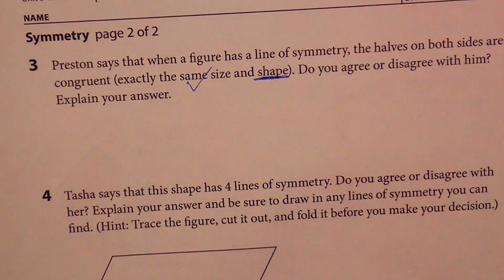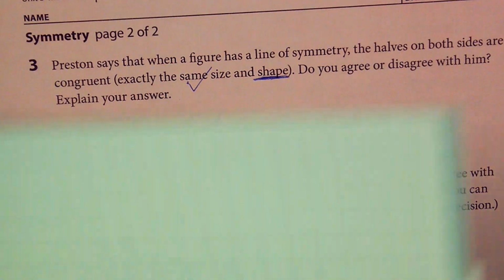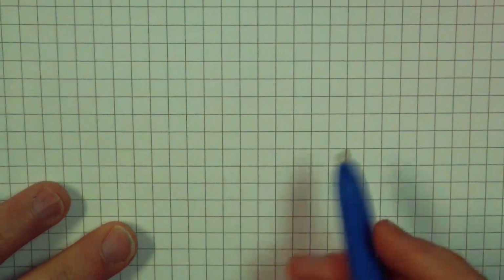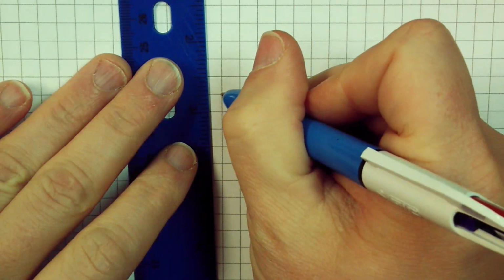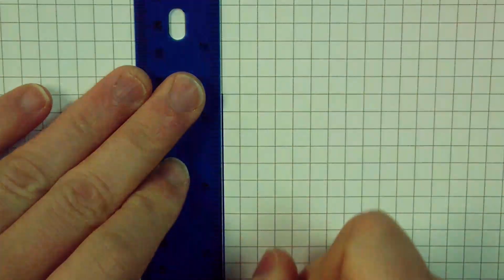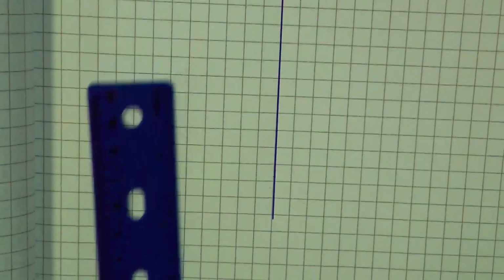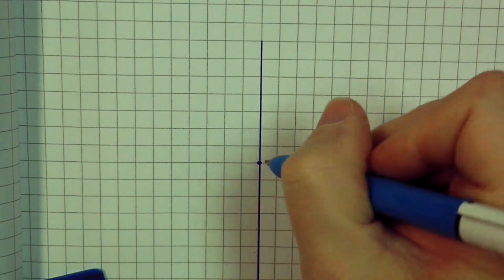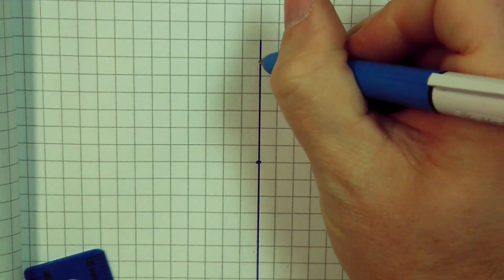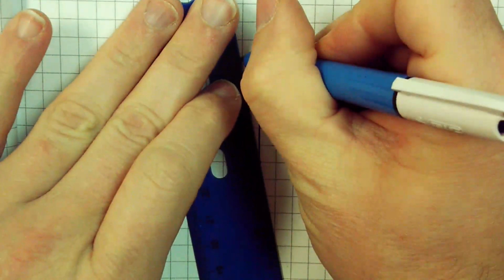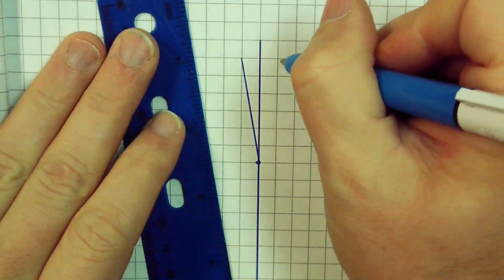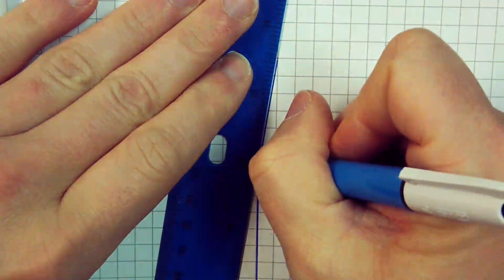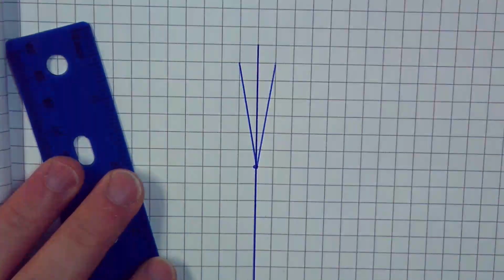So if I were to take, let's say, this grid paper, and I create a line of symmetry, okay, and then I do something that's kind of fun in size. Here's maybe my center point, and I'll go 1, 2, 3, 4, 5, 6, 1 over, okay. I'm going to make sure it matches as I do it, okay?